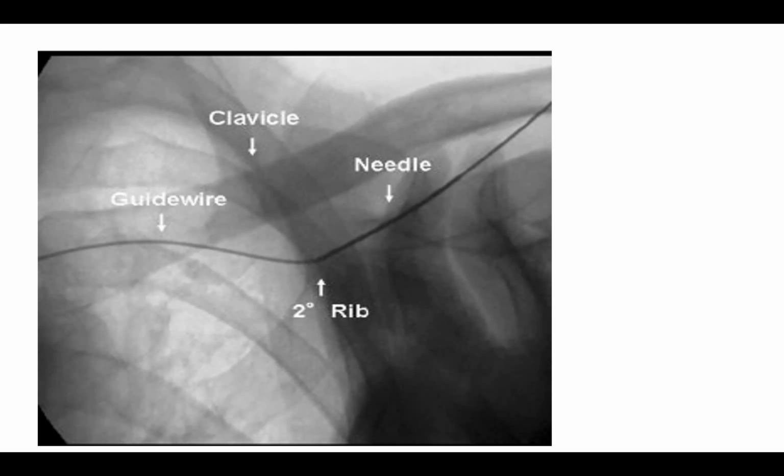Vertical, under fluoroscopy, locate the first rib, locate the clavicle, and you notice where the first rib becomes a little vertical immediately after it transcends below the clavicle. That is where the subclavian vein is. And as I said, don't puncture below the first rib.